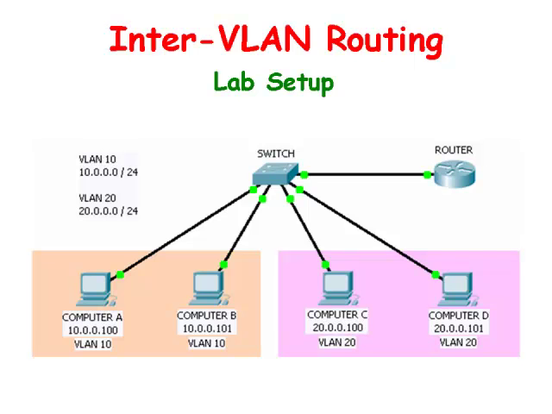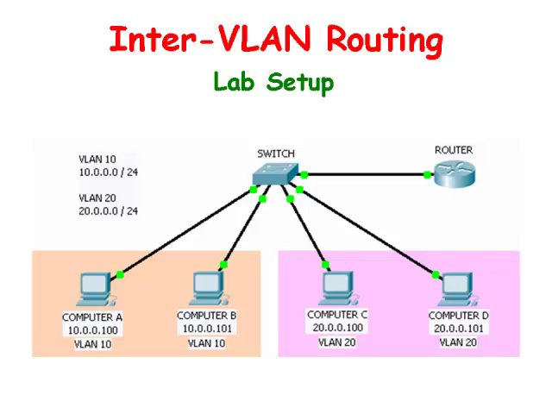In the previous video, we configured the switch with VLAN 10 and VLAN 20. Computers A and B were put in VLAN 10, and computers C and D were put in VLAN 20. I have just changed the IP address of computers C and D so that they are in the 20.0 network, while computers A and B are still in the 10.0 network.